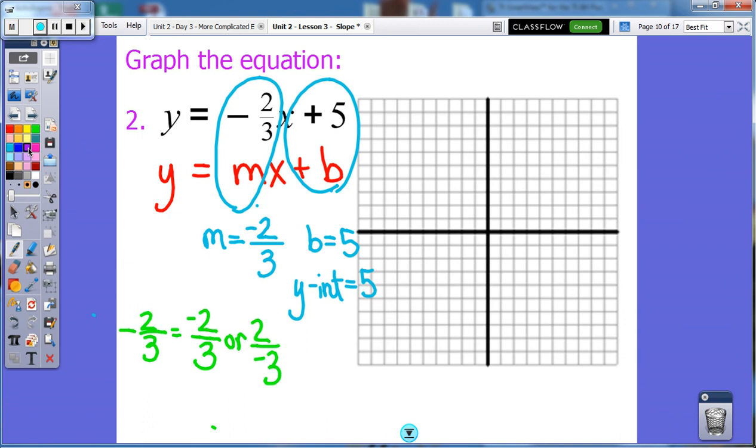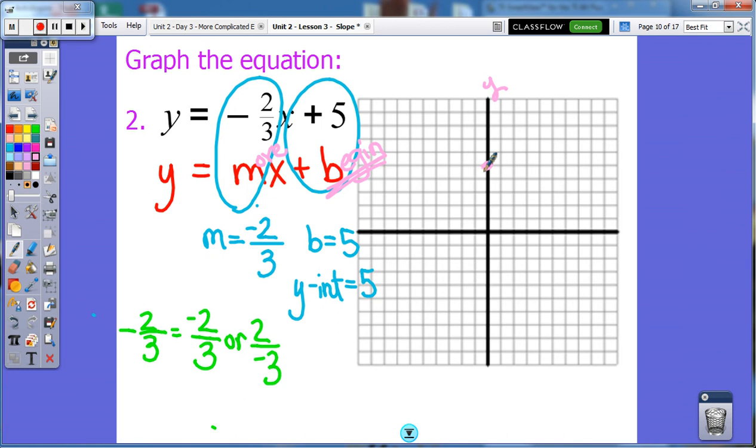We found our slope, we found our y-intercept. Guys, we start with the y-intercept. There's a little thing that says you begin with b, and then you move your slope. So we're going to begin with our 5. On our y-axis, we're going to go up to 5 and make a dot.